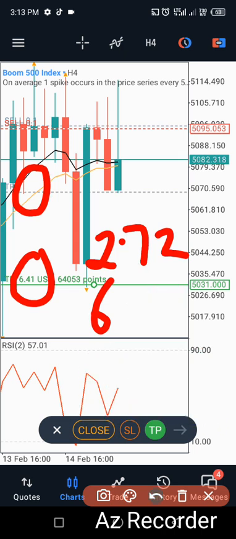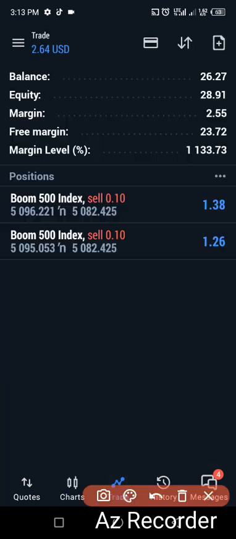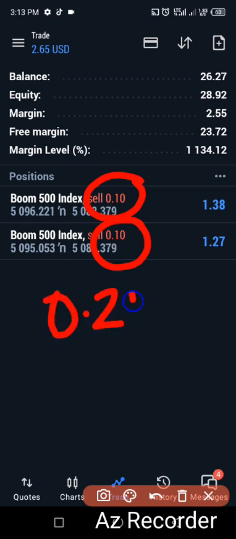By just making use of this lot size 0.10. Remember, the least lot size on Boom 500 is 0.20. But because we are trading with a small account of $26, we want to keep our positions as little as possible.